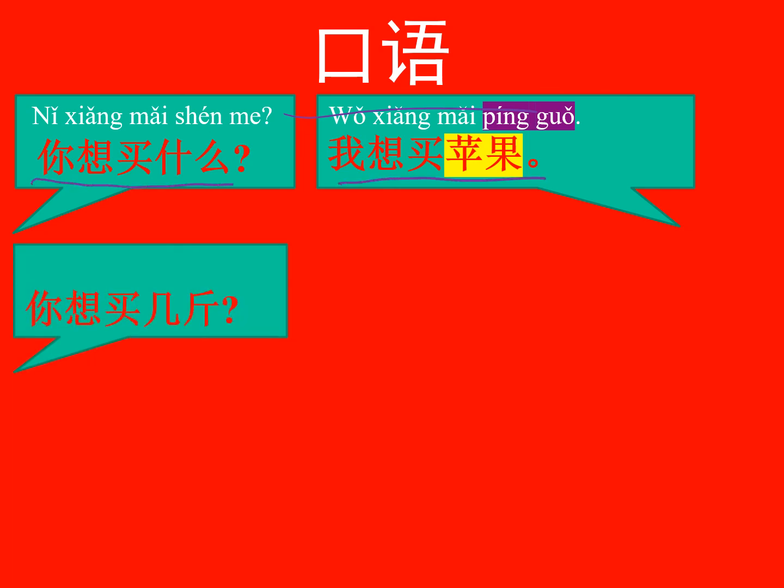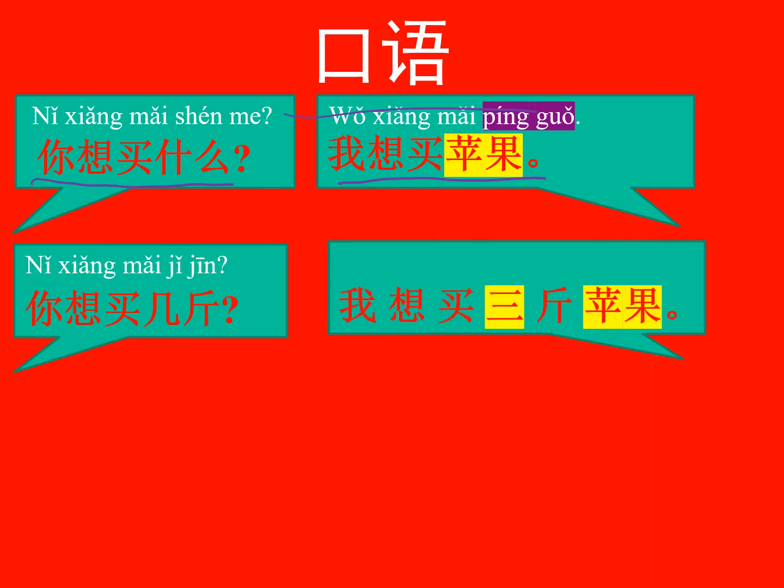For the second question, 你想买几斤? How much would you like to buy? 我想买3斤苹果。So here, give the amount. And here, get what to buy. Okay? So, one more time. 你想买什么？我想买 anything.